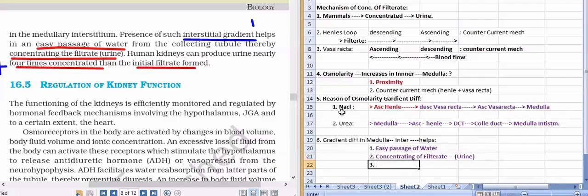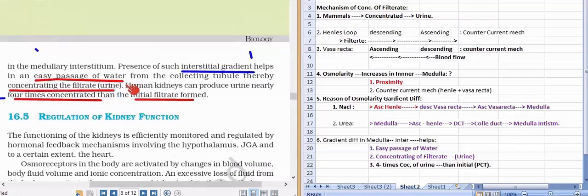Third, 4 times concentration of urine, and initial PCT. These are notes.